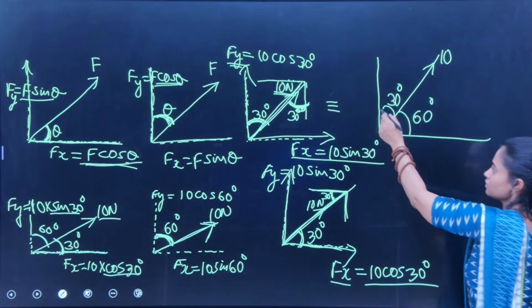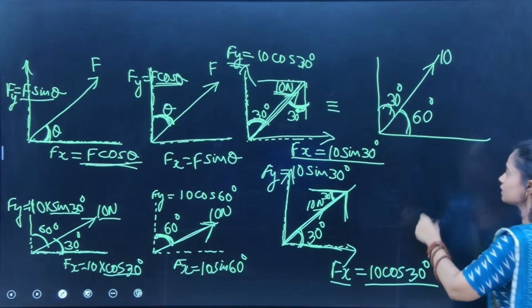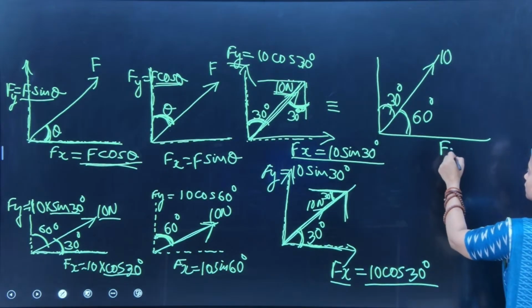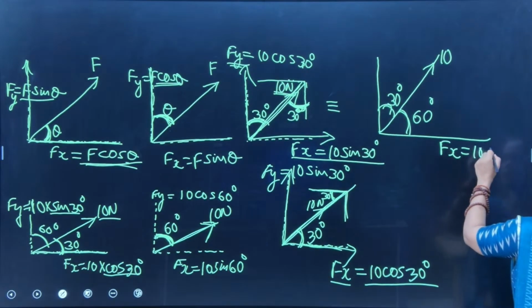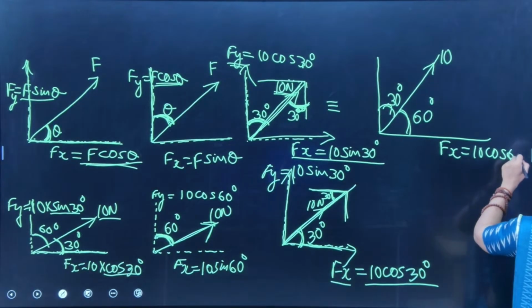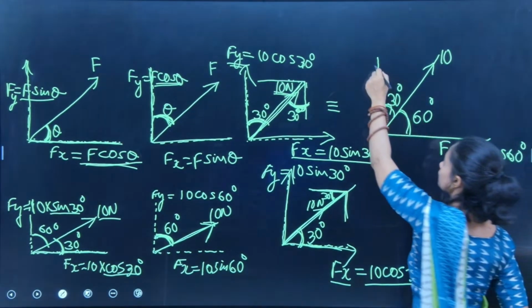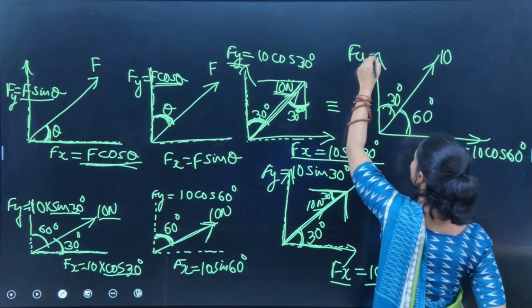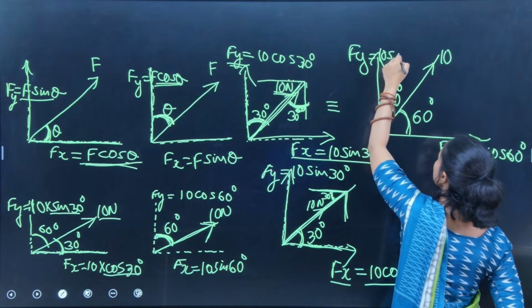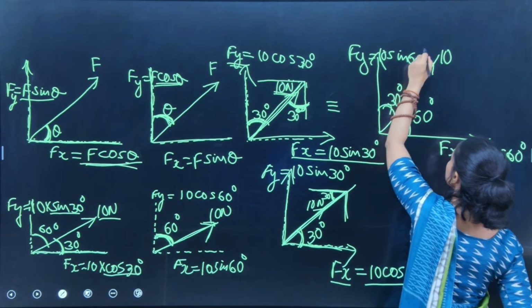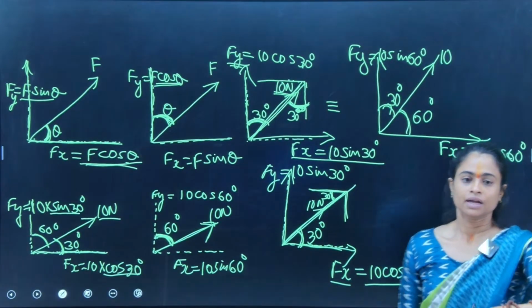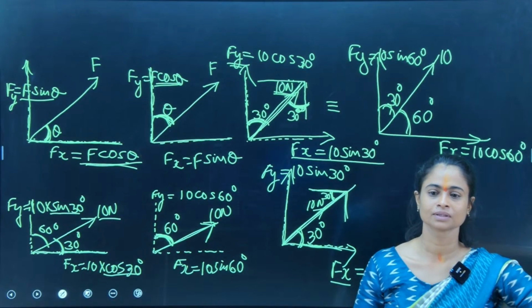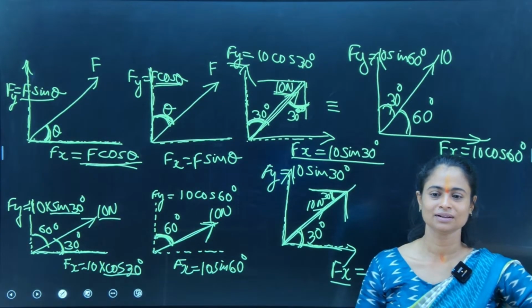If this is 30, this has to be 60. So the Fx will become 10 cos 60 degree, and Fy will become 10 sin 60 degree. I think you all are clear.